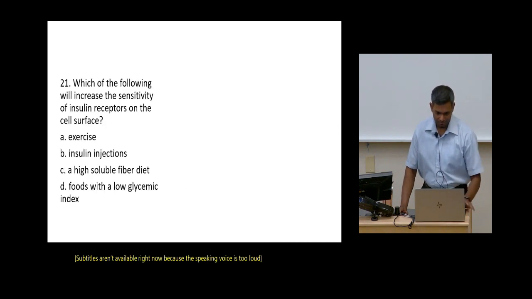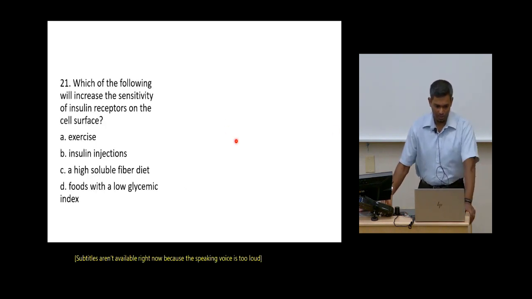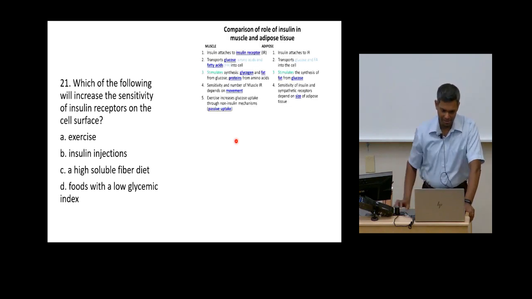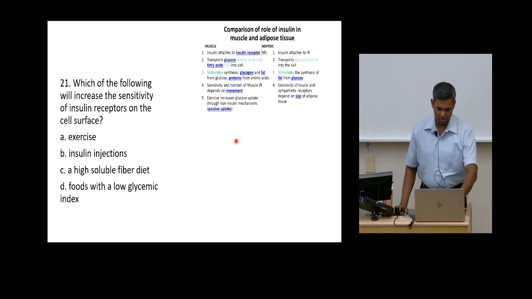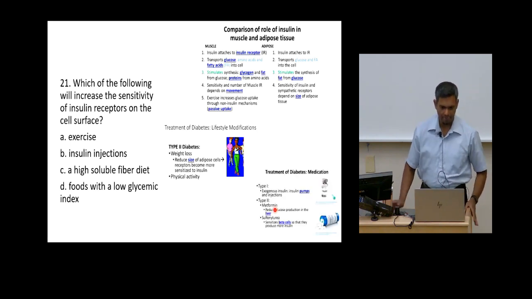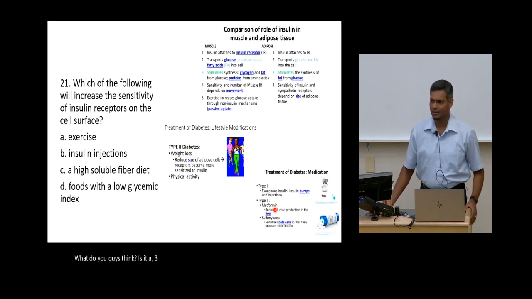Last two questions. Which of the following will increase the sensitivity of the insulin receptors on the cell surface? Is it exercise, insulin injections, a high soluble fiber diet, or is it foods with a low glycemic index? What do you guys think? Is it A, B, C, or D?